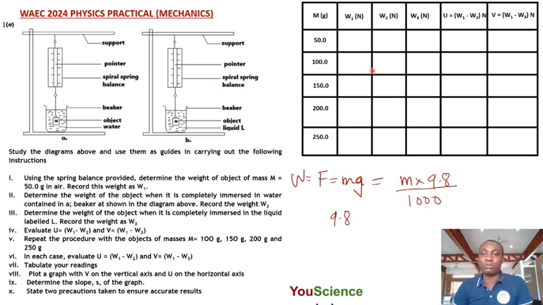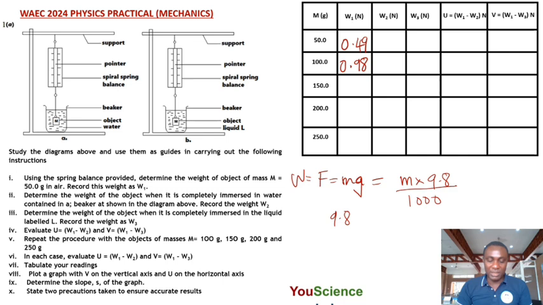I'll just get my calculator and start working this out. For the first one, I'm going to have 50 times 9.8 divided by 1000. That's going to give me 0.49, so I'm going to record this as 0.49 Newton. Then the next one is 100 times 9.8 divided by 1000, which gives me 0.98.